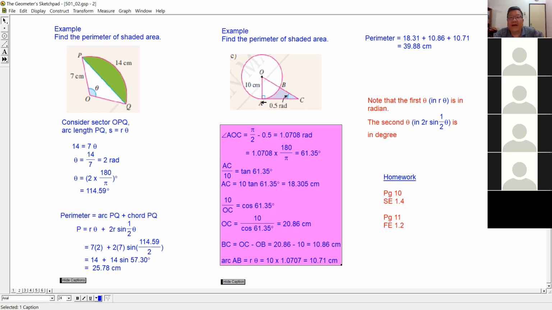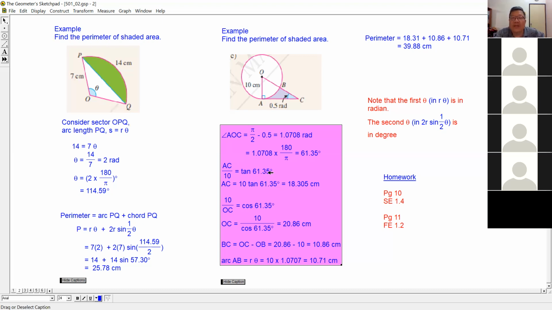So I want to find AC, this line AC. AC divided by 10 is the tangent of this angle here. Tangent is opposite divided by adjacent. Opposite is AC lor, adjacent is 10. So AC by 10 equals tangent 63.5.